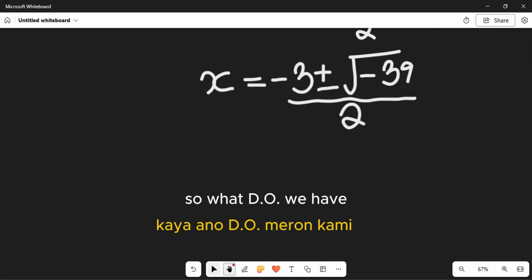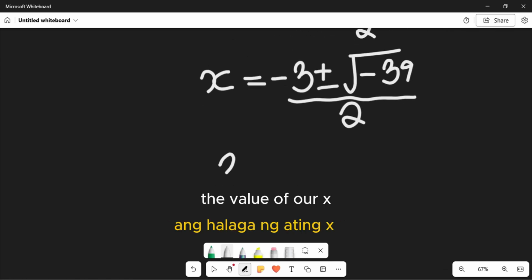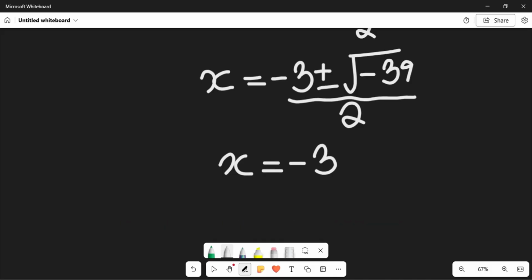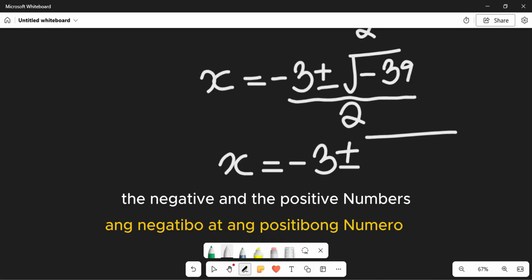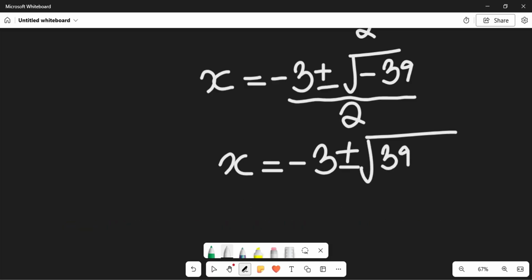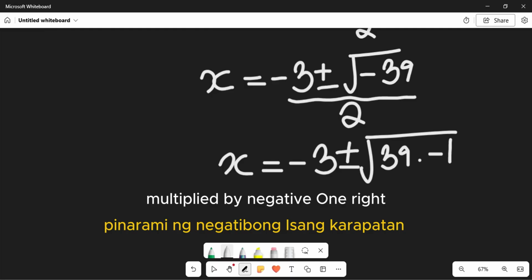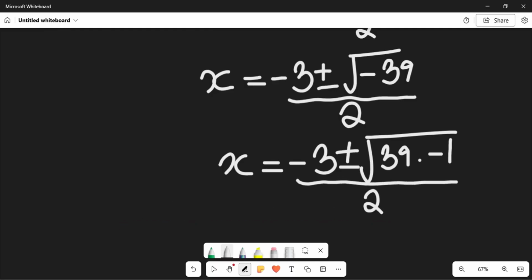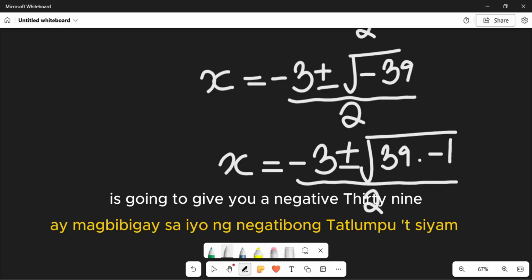So what do we have? The value of x will be equal to negative 3 plus or minus. We are going to separate the negative and the positive numbers, and this will give us 39 multiplied by negative 1, right? And all this will be divided by 2. Now, if you bring this together, it's going to give you a negative 39.